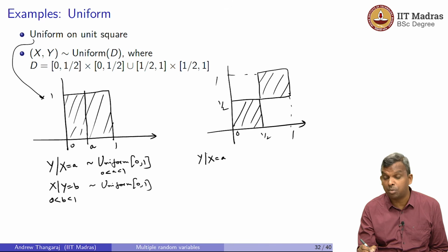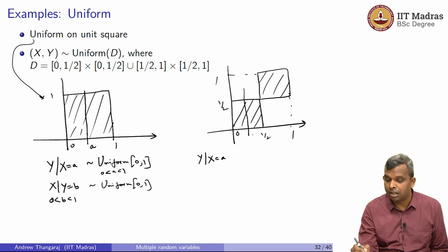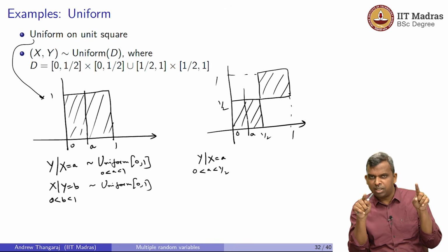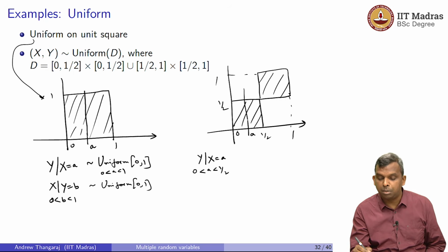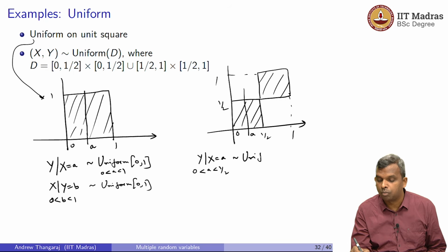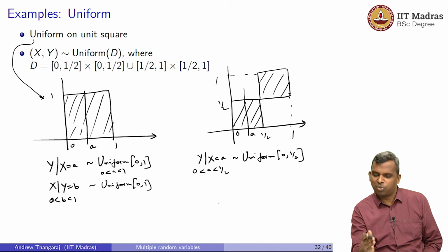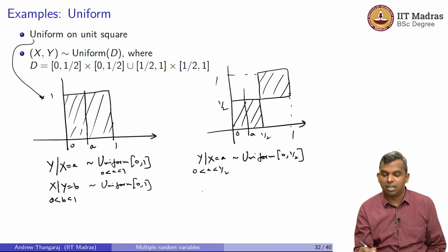Remember this has to be a density now, right? So if you fix a here, a between 0 and half, y given x equal to a, remember that slice, it's constant between 0 and a half. What will the density be? The density is going to be uniform 0 to half, isn't it? You can calculate it, you will get that. Also from the picture, it's quite easy to see this.